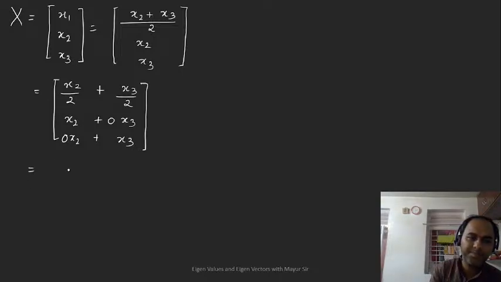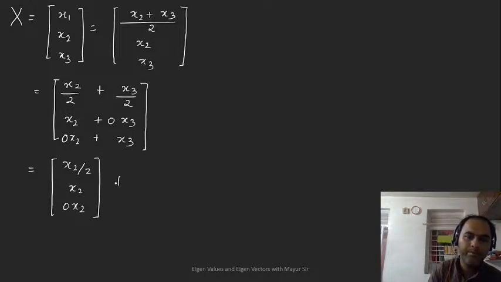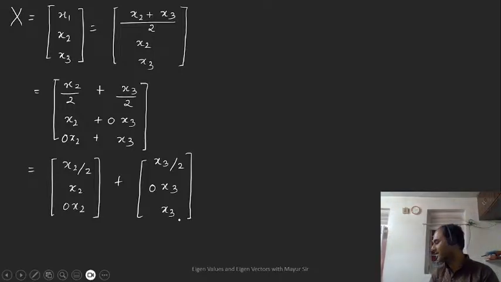Now this can be split like this: x2 upon 2, x2 and 0x2, plus x3 upon 2, 0x3 and x3. Are you getting that? This is very crucial. Once you are comfortable with this understanding, you will be able to follow.